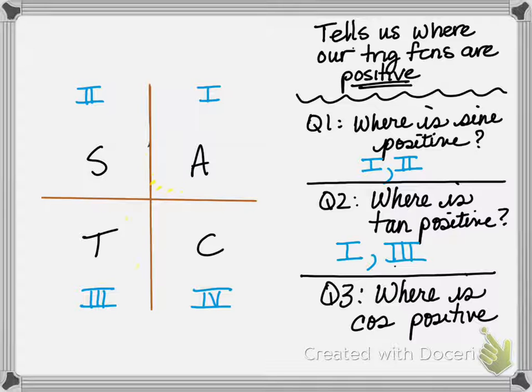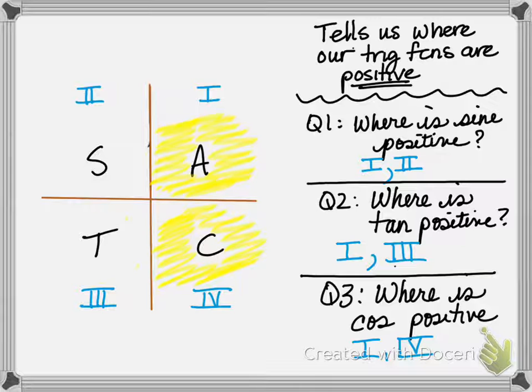So where's cosine positive? Cosine's definitely positive again in the first quadrant. And C for cosine means the fourth quadrant is the answer. So 1 and 4. That's how you use this rubric.